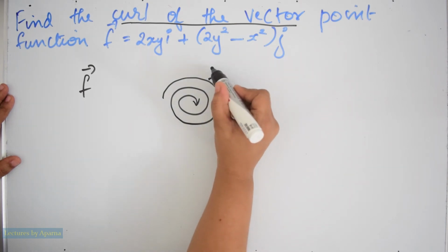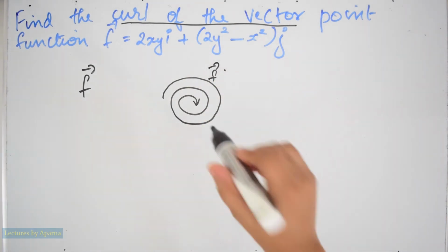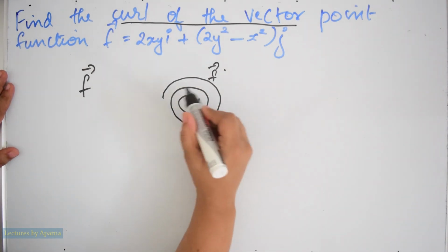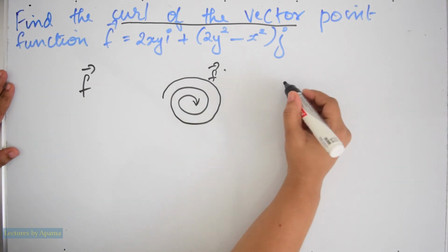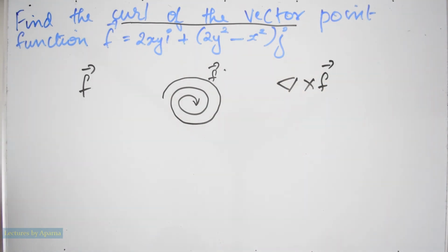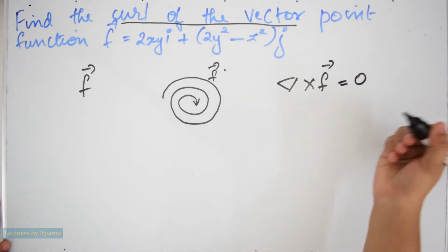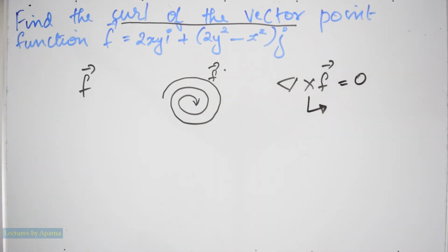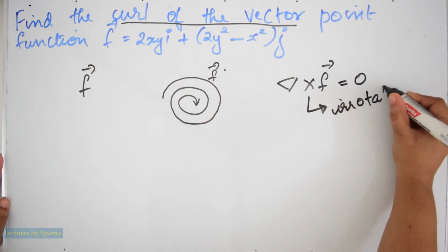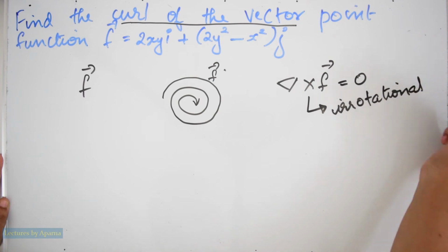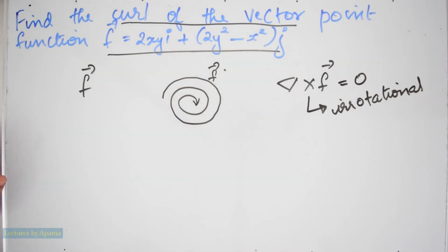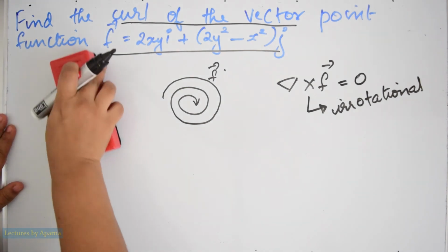Curl is given by del cross f. If curl is 0, then it can't rotate, so it is irrotational. In this case we have to find the curl of this function. So let's get started.